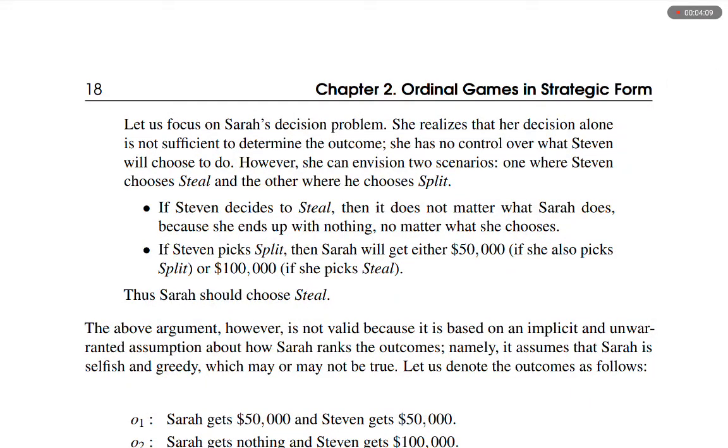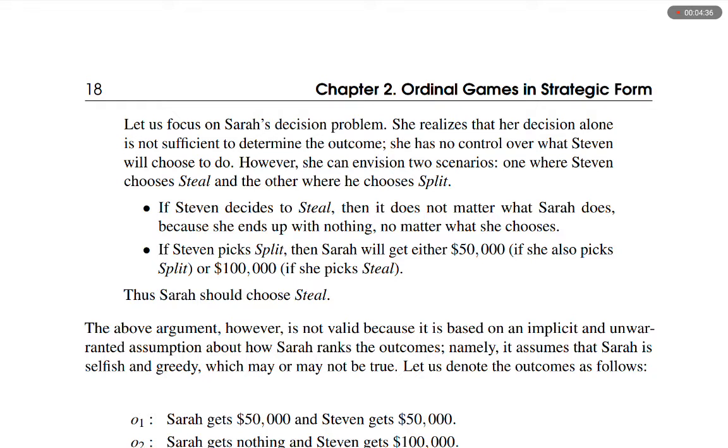Thus, Sarah should choose steal. The above argument, however, is not valid because it is based on an implicit and unwarranted assumption about how Sarah ranks the outcomes. Namely, it assumes that Sarah is selfish and greedy, which may or may not be true.